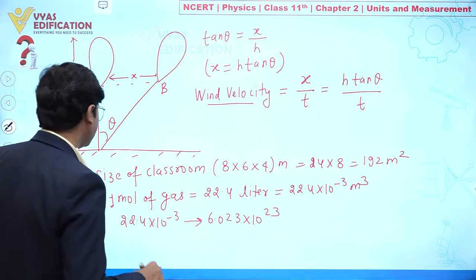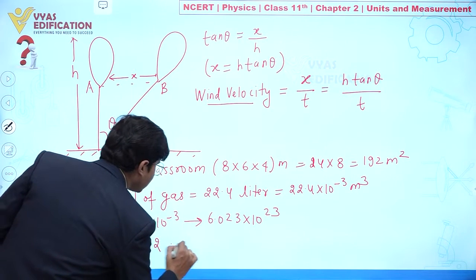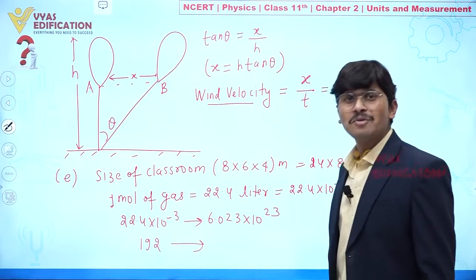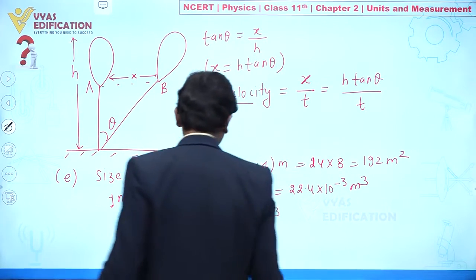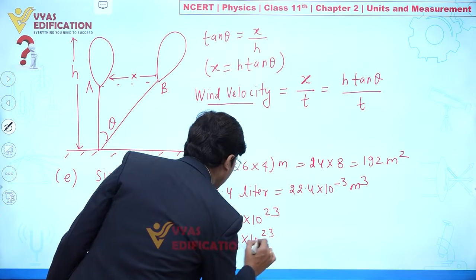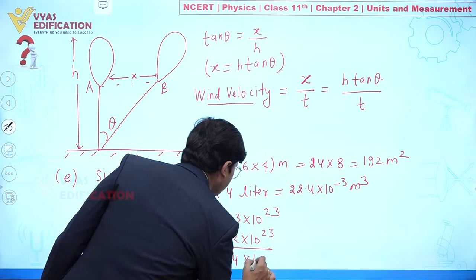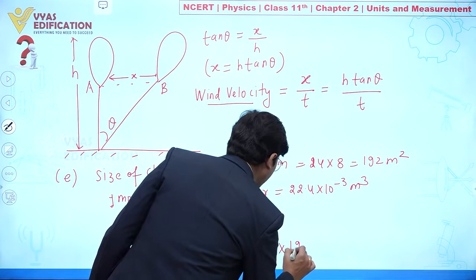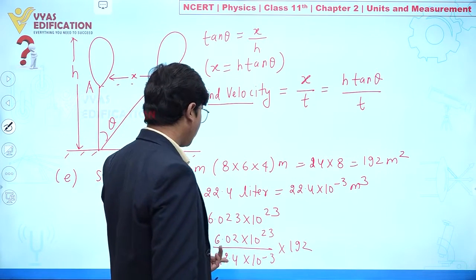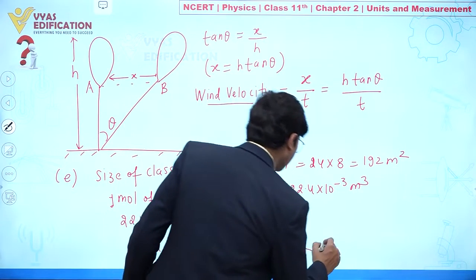Now if the total volume we have is 192, the volume of the classroom, can we calculate the total number of air molecules present in the classroom? Yes, we can write 6.02 into 10 to the power 23 divided by 22.4 into 10 to the power minus 3, multiplied by 192. From here this is near about 3, multiplied with this one.